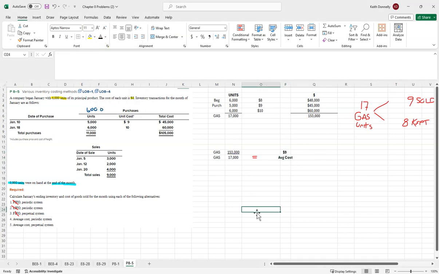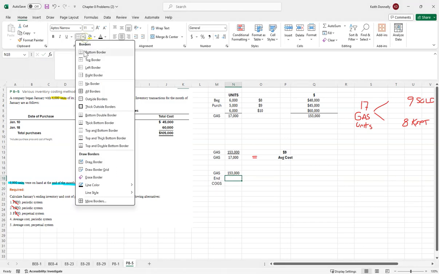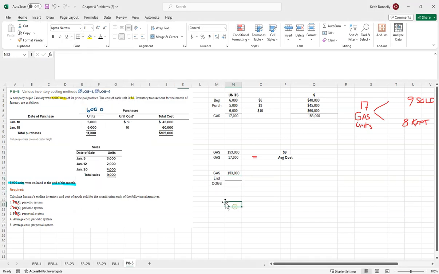So here's the deal. If we use that formula again, we have our goods available for sale at 153. If we figure out the ending in dollars, we can back into our cost of goods sold. Our ending inventory, we kept 8,000 units.